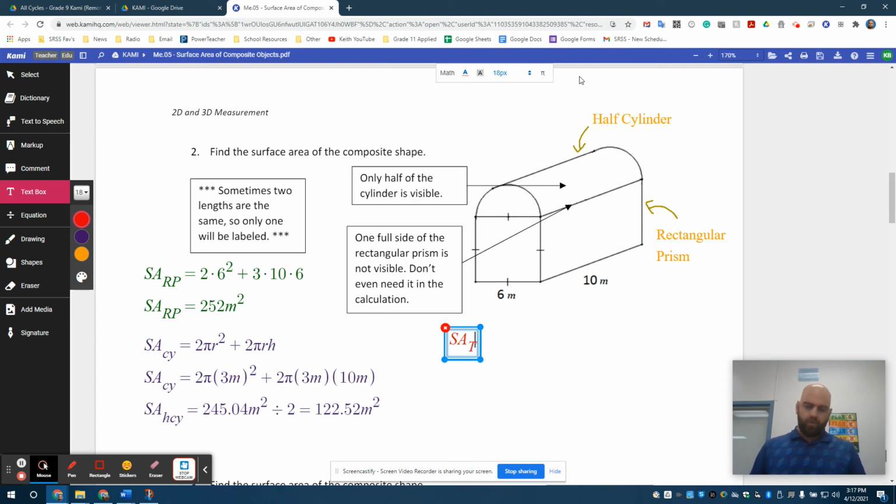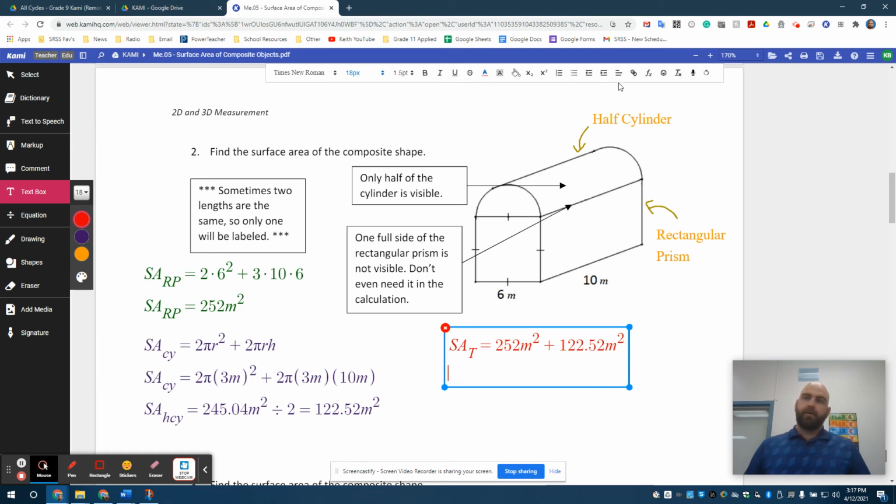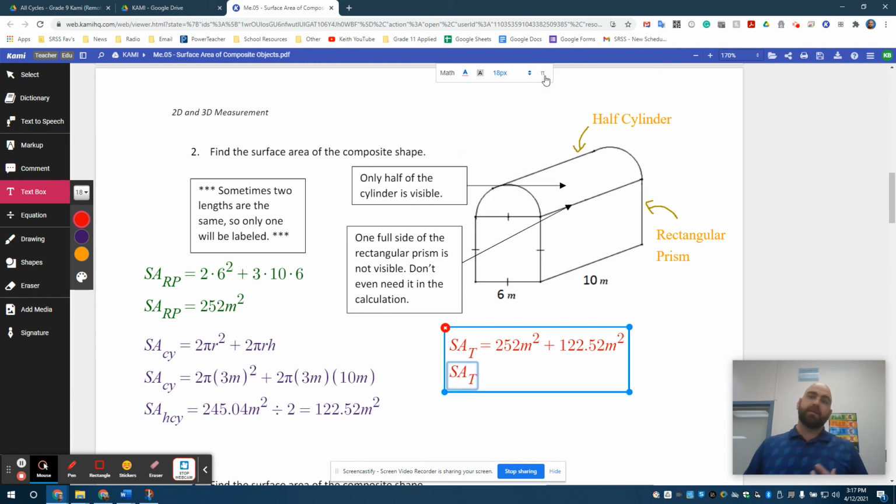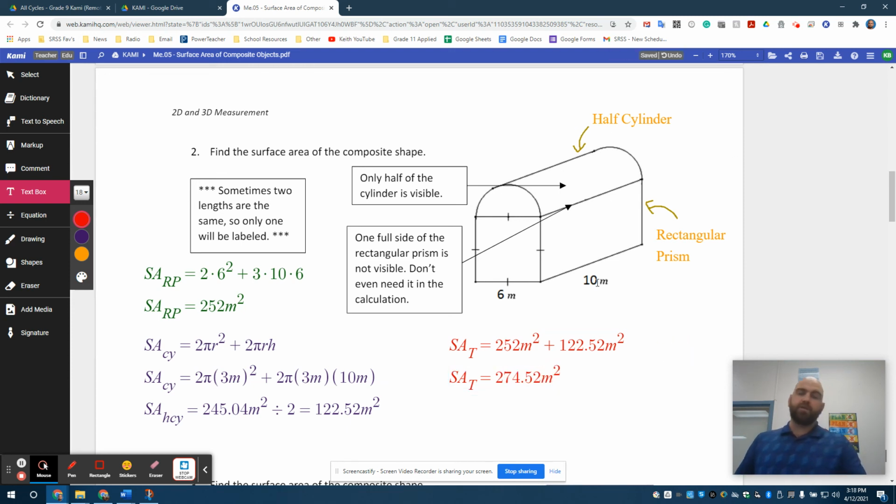So surface area total is going to equal 252 meters squared plus 122.52 meters squared. And then all we're doing is adding them together because we've already taken care of the subtracting. We didn't actually do any subtracting because we didn't add any of the pieces that needed to be subtracted. 374.52 meters squared.